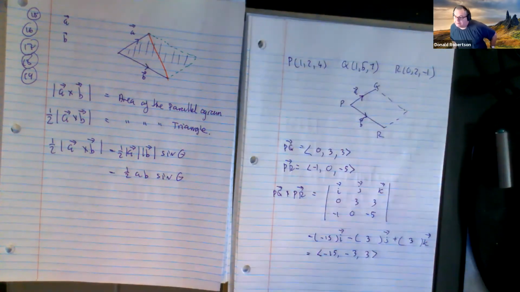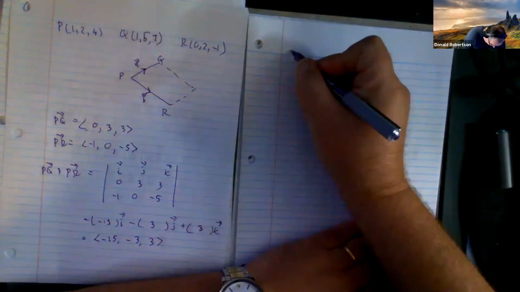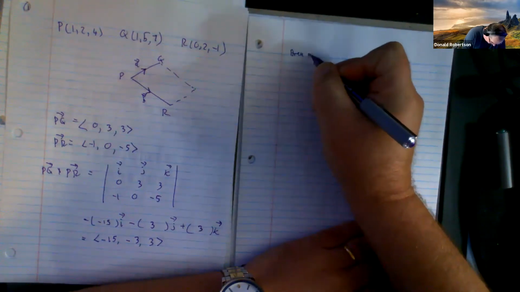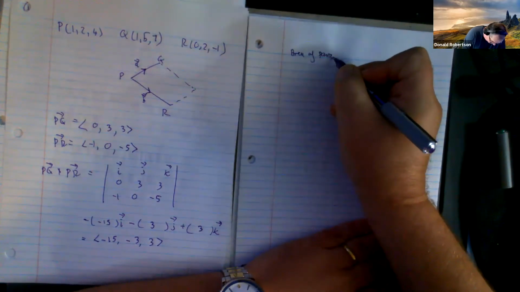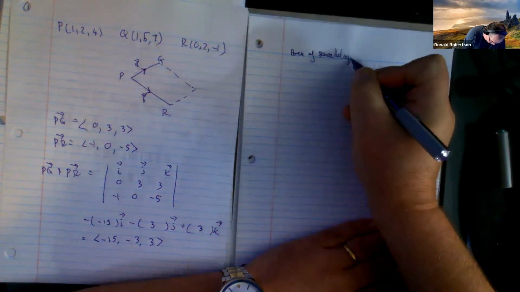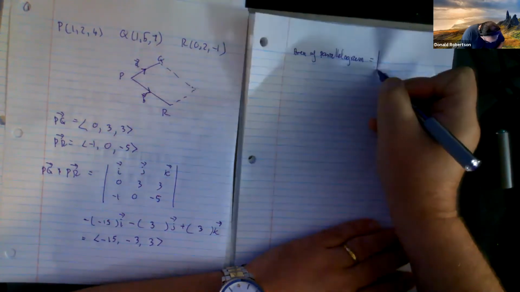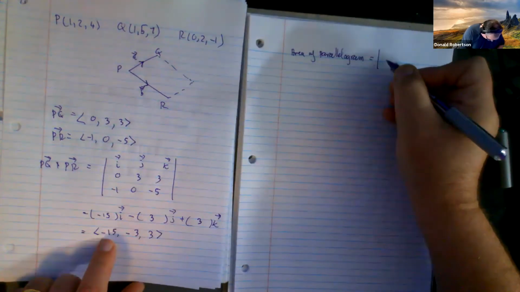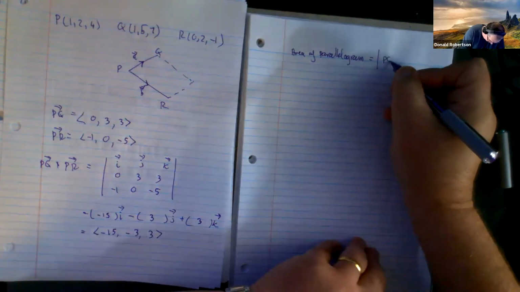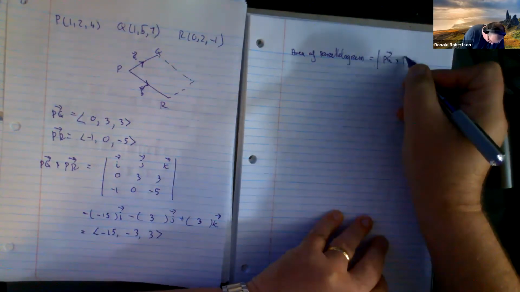So far, so good. So suppose the first question will be the area of the parallelogram. Well, that's the magnitude of this fella, right? So it's the magnitude of the cross product that we just found.